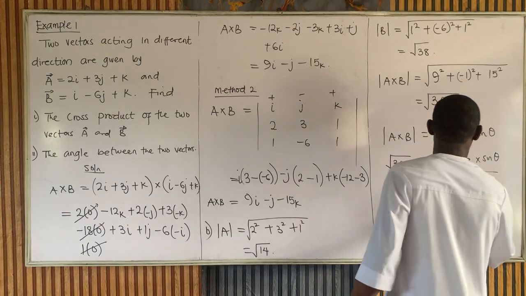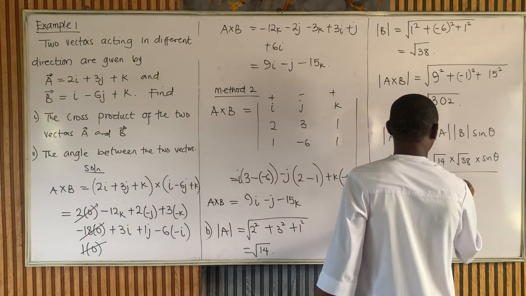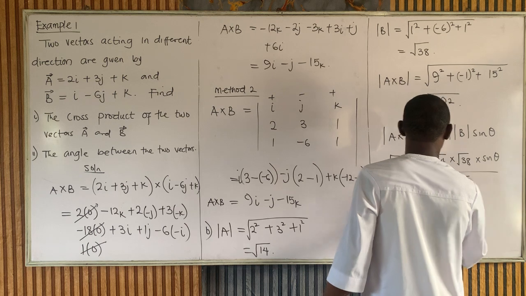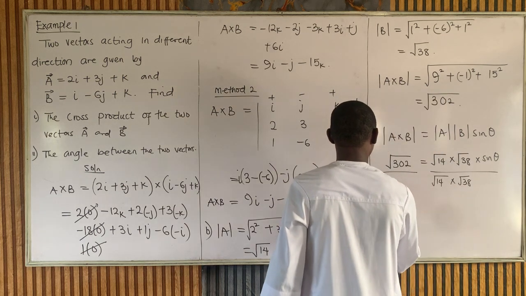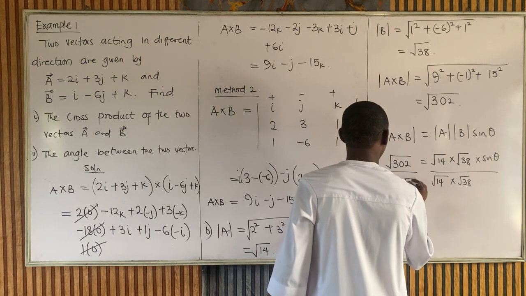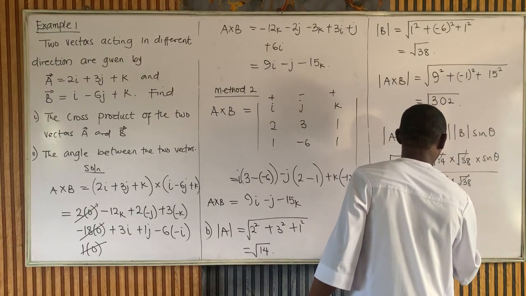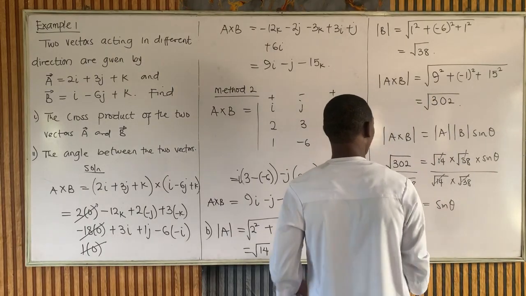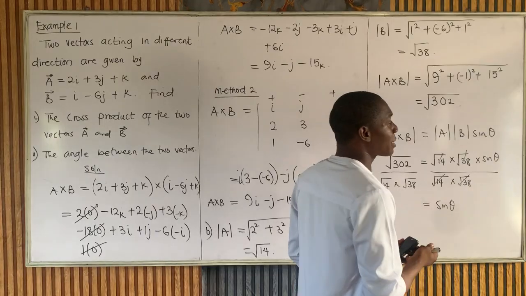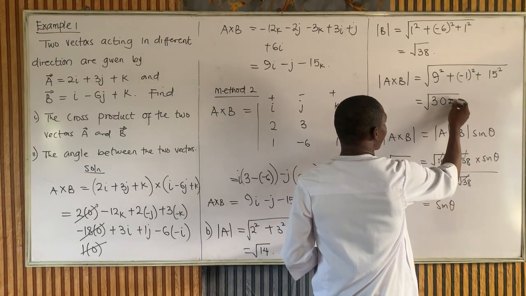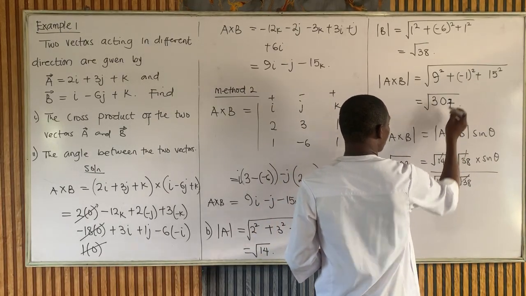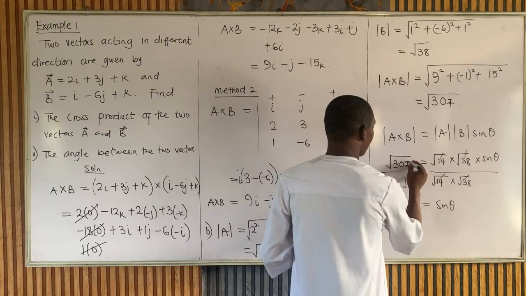So dividing by root of 14 times root of 38, this eliminates this. So we have that sine theta is simply going to be equal to, I'm sorry, there's a little mistake here. This is 307, not 302. Just to confirm that. 307.